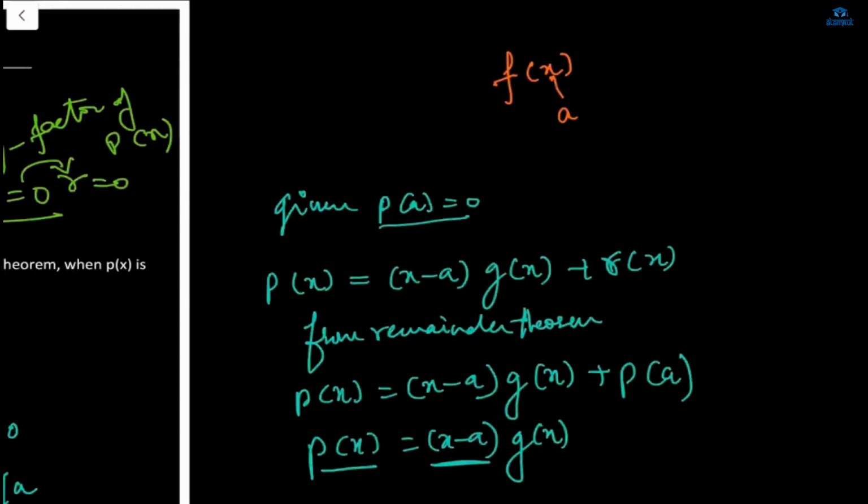It is a real number, any real number. Okay, and if after putting f(a), we get 0, if we are placing a instead of x in the whole polynomial equation, and we are getting the value of the polynomial, you understand now? The complete value of the polynomial as 0, then you can say that x minus a is the factor.